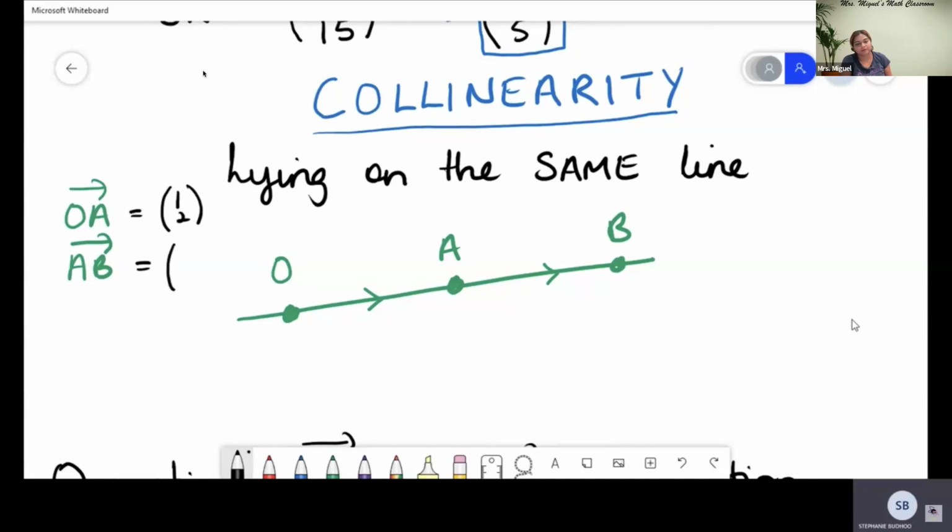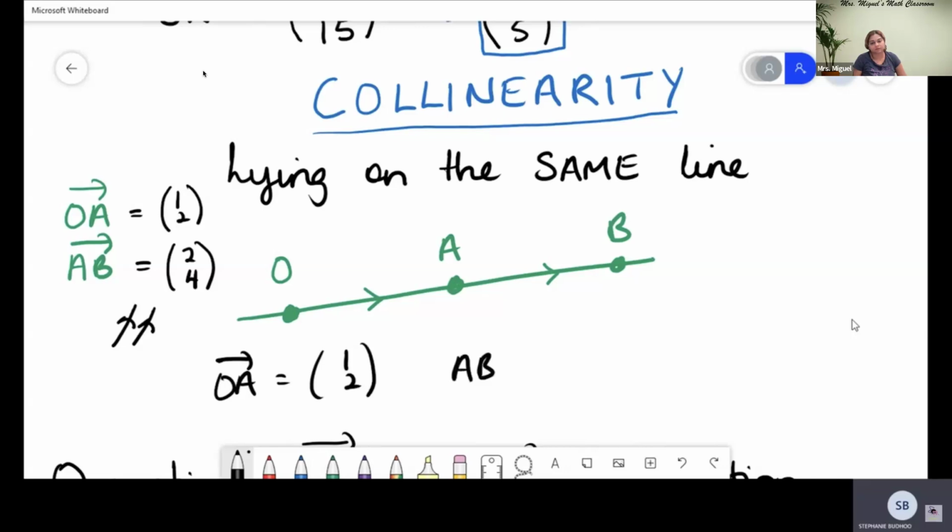And the vector AB had values 2, 4. Now, if I were to ask you, are the vectors OA and AB parallel to each other? Well, then we can go ahead and test it. We can see that the vector OA, which is equal to 1, 2, has been reduced as much as possible.